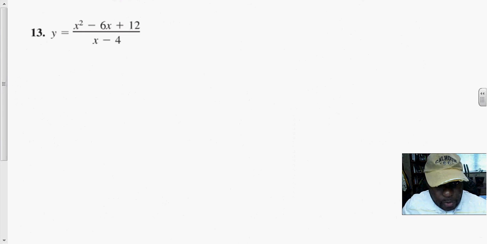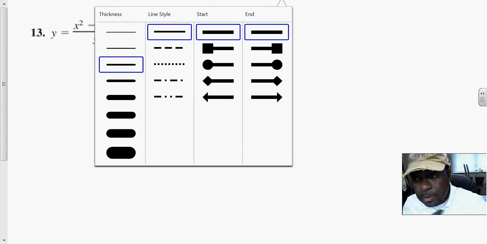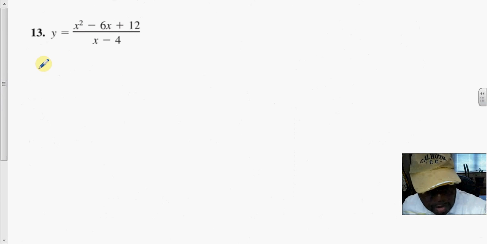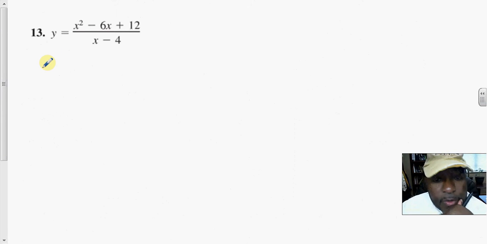Well, let's consider this one. I looked at that and I thought we could factor the numerator, but it doesn't come out pretty.